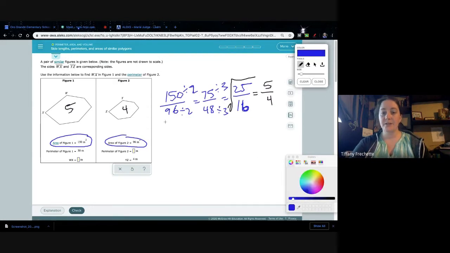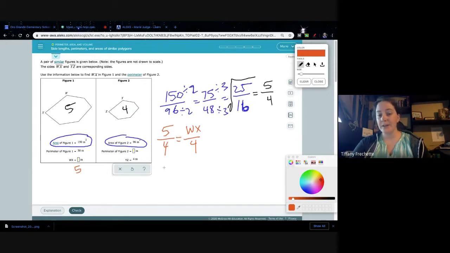All right, so let's go ahead and work out this next portion here. Now that we have 5 to 4, we can start talking about perimeter or length, either way. So if I have Wx, we don't know, to 4. This is one of those logic things that we were talking about. If I have 5 to 4 equals something to 4, doesn't that need to be 5? You're 100% correct. That does need to be 5.